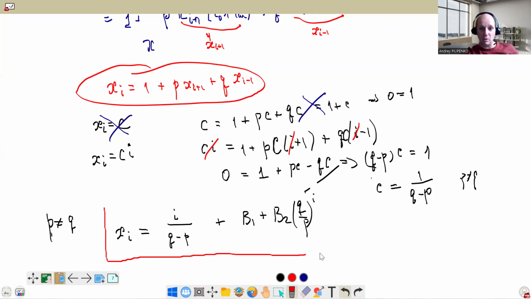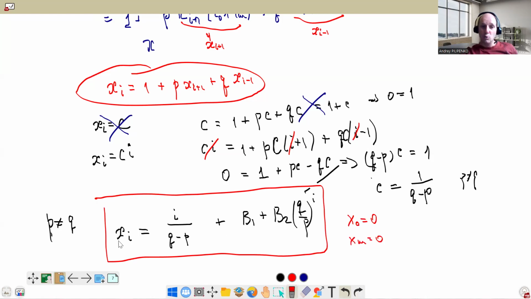So this is the general solution, plus two boundary conditions: x0 is 0, xm is 0. You plug in 0 for i, then m for i, and you'll get two equations with two unknown parameters, B1 and B2, and you'll find them, and this is homework. Find the exact answer.